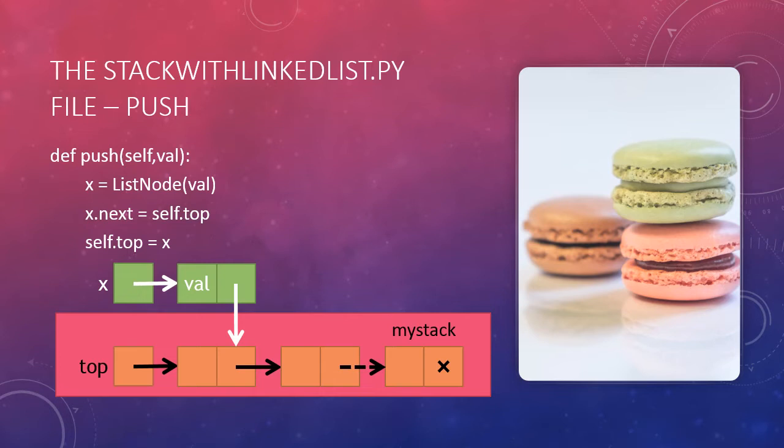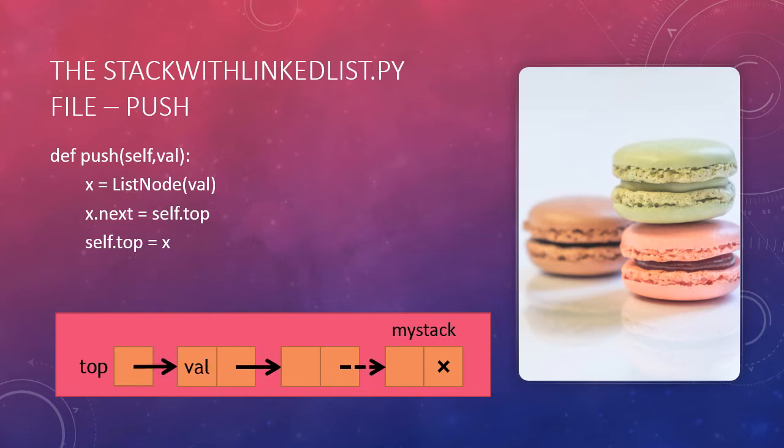Then I set self.top to point where x is pointing. Now if you start traversing from top, you will see that we have added the node containing val to the singly linked list in the mystack object.